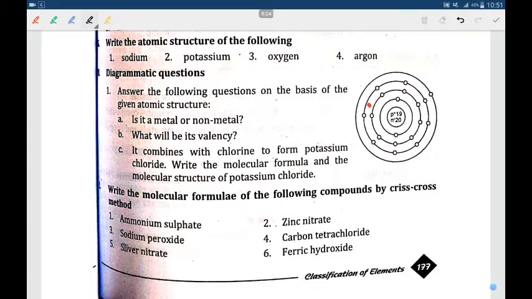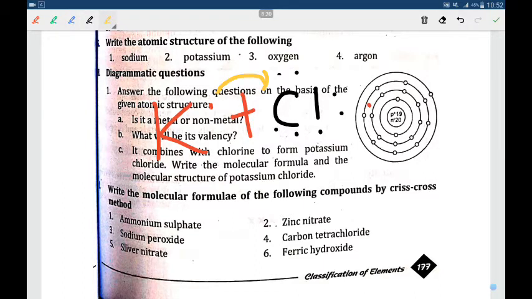Now molecular structure, students. How to write molecular structure? I'm going to show you in a very easy way. K valence shell plus Cl. How many electrons are there in Cl? 1, 2, 3, 4, 5, 6, 7. Isn't it? So this 1 electron is given to whom? Chlorine.